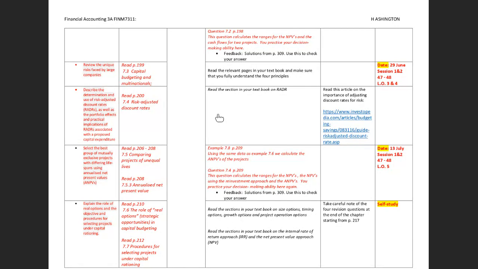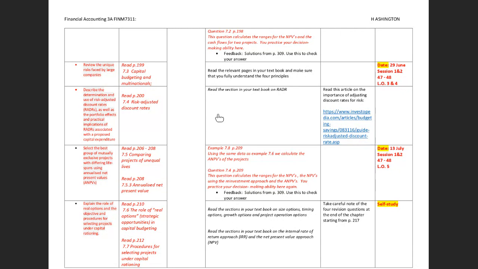So if we were going to assess 3 different projects, we might very well end up using 3 different discount rates. We would start out with our normal WACC and then make an adjustment either upwards or downwards to that rate, depending on how much risk we perceive there to be in this specific project that we were assessing.